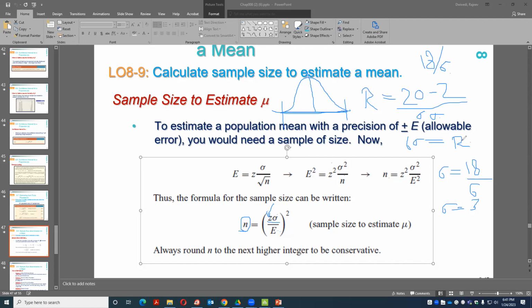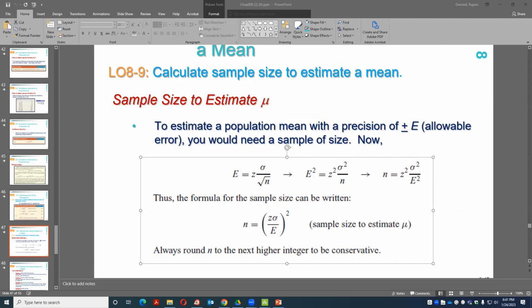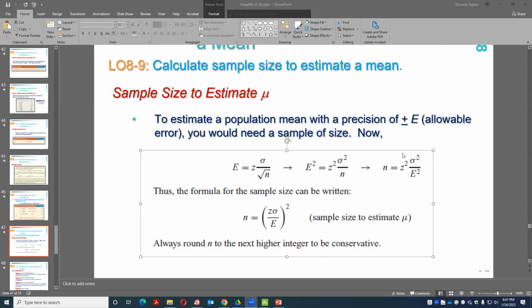So 6 sigma equals range, and we can calculate sigma. There is another way: in a Poisson distribution, the square root of the average is sigma.